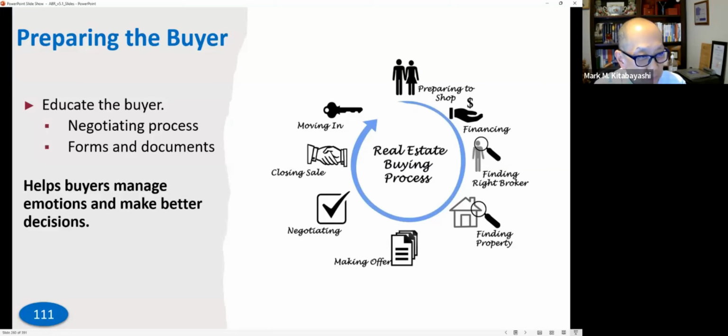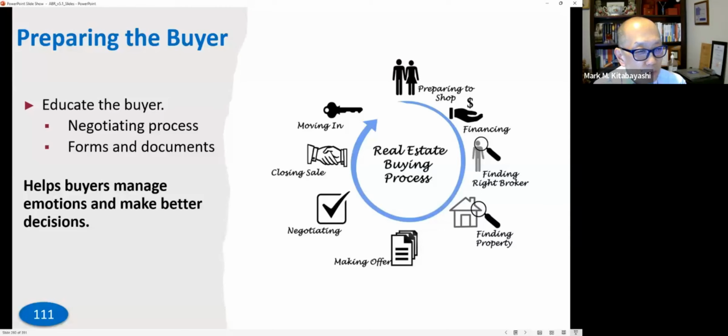That's all that matters, whether that is the listed price the seller wants or not. That's what the buyer needs to figure out. What is the maximum amount they're willing to pay?